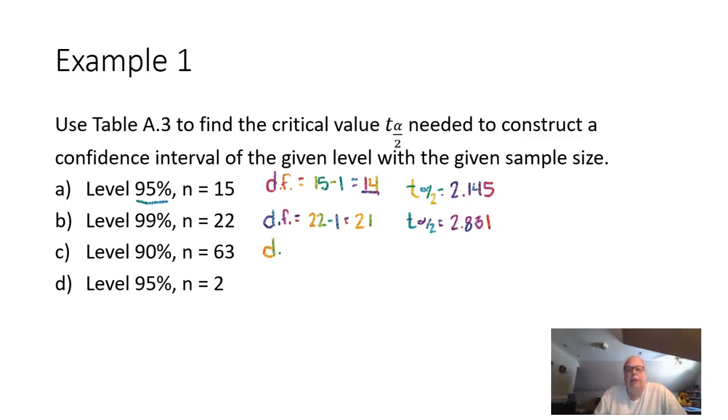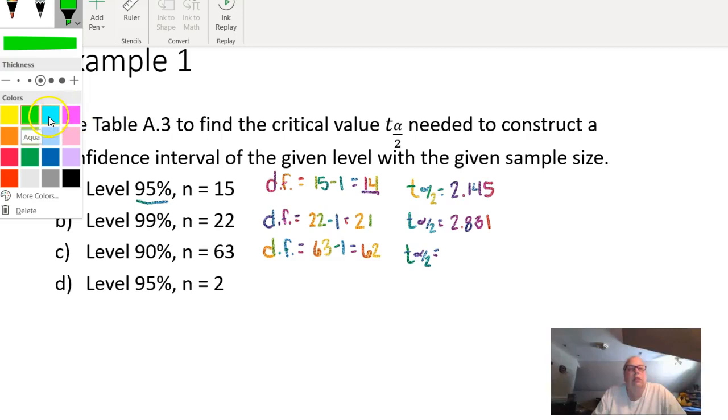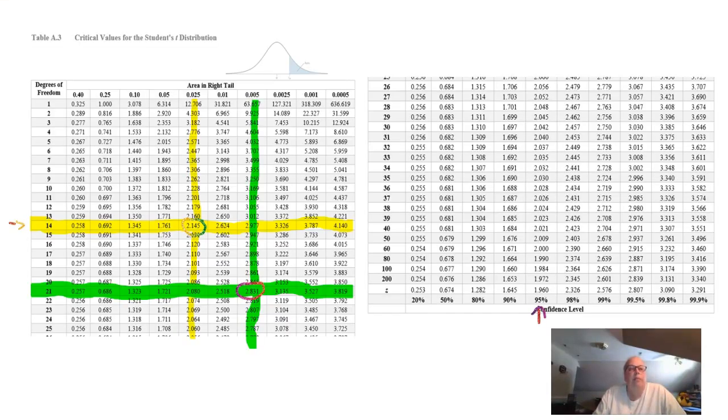We'll go to our degrees of freedom. That's n minus 1, or 63 minus 1, which is 62. We're going to be on line 62, column 90%. I notice that I go from 40 to 50 to 60 to 80.